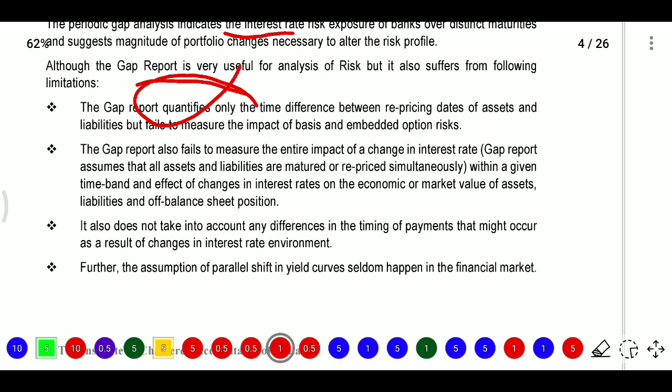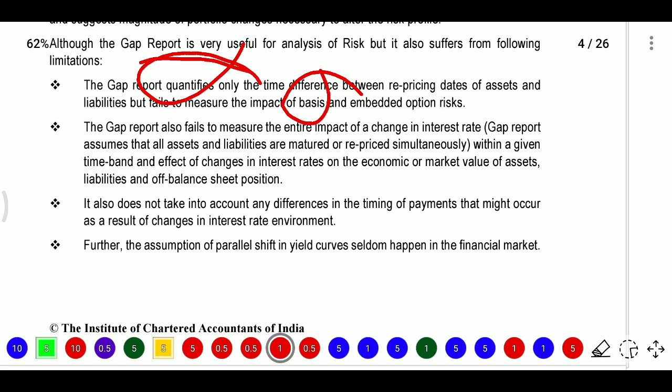Basis means spread, the difference between the spot rate and the actual rate. And we also need to see the embedded option risk.